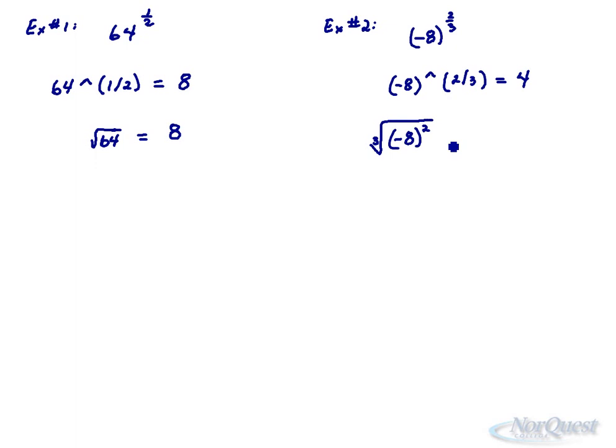It really doesn't matter as long as you don't mix up numerator and denominator. The numerator always stays with the base. The denominator is the index of your radical. The cube root of -8 is -2, and -2 squared is equal to 4.